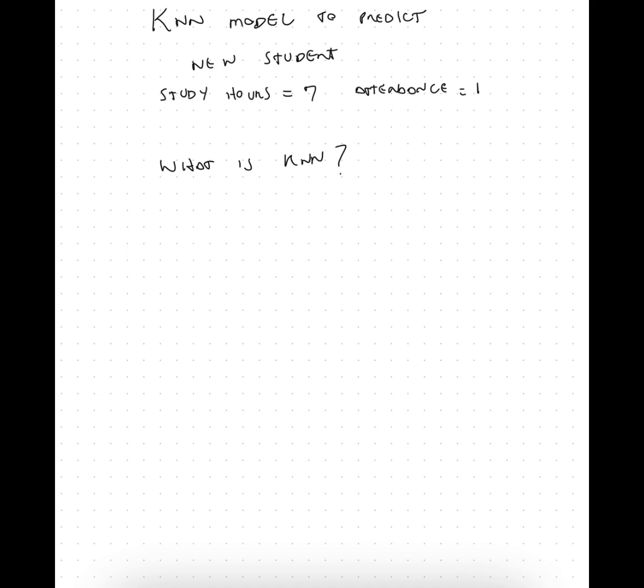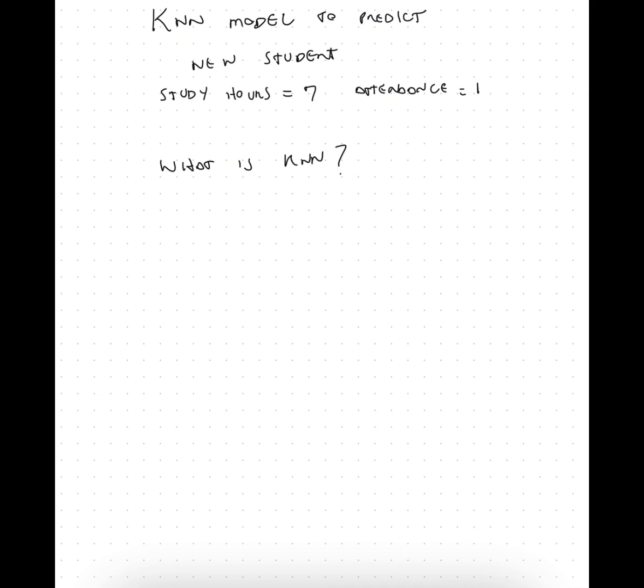In classification tasks, like ours, the algorithm assigns a class to a new data point based on the majority class of its k-nearest neighbors. It does not learn a model during training. Instead, it memorizes the dataset and makes decisions at prediction time.